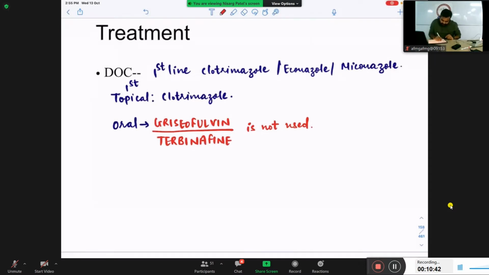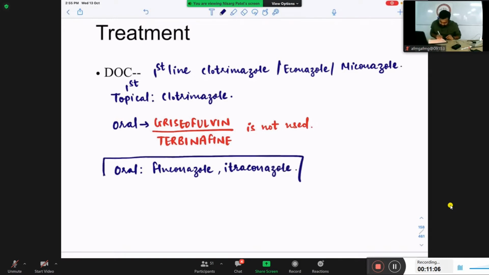The oral drugs which can be used are fluconazole and itraconazole.